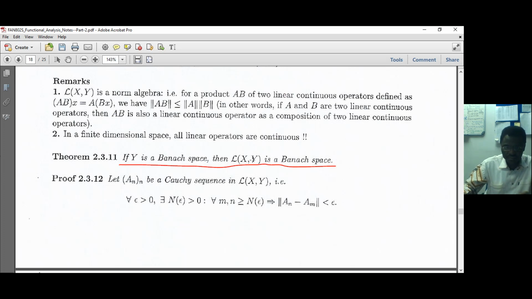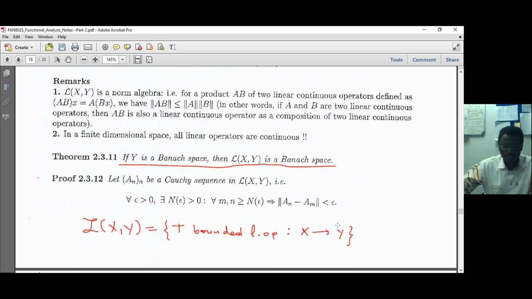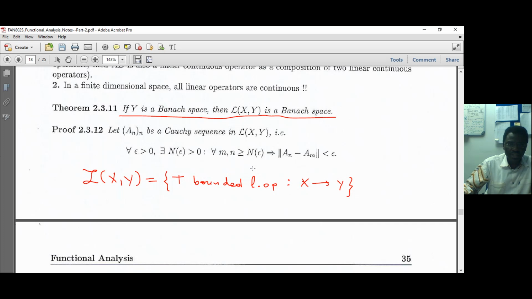Remember that this is the set of bounded linear operators defined from X into Y, and we assume that each of these X and Y are normed spaces.